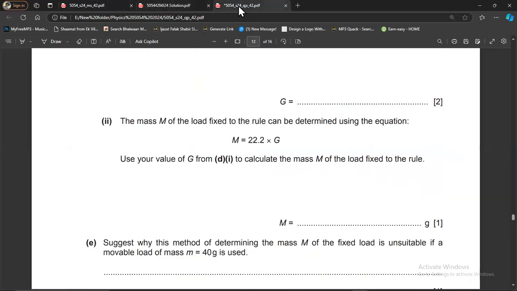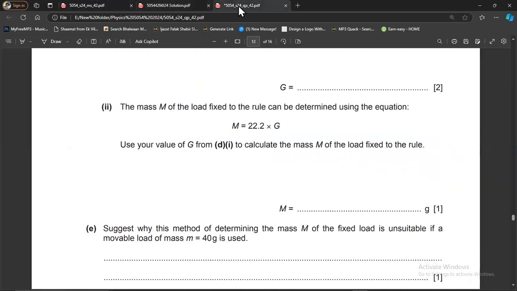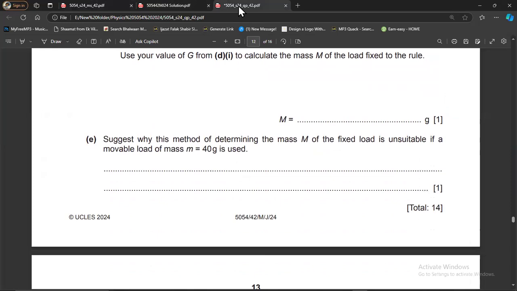Then they say, suggest why this method of determining the mass M of the fixed load is unsuitable if a movable load of mass M, 40 gram, is used.